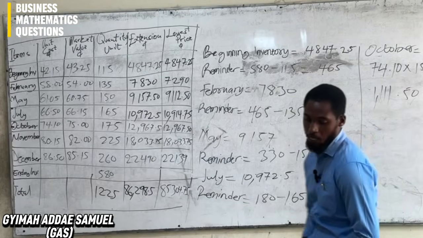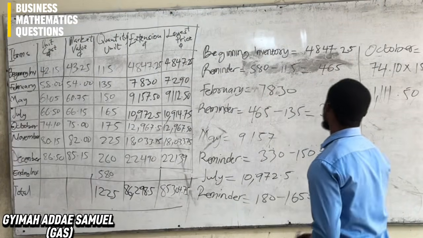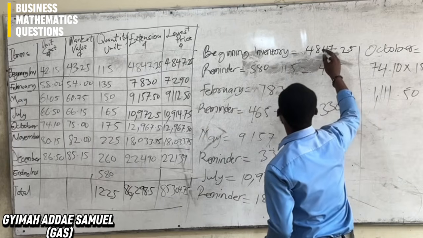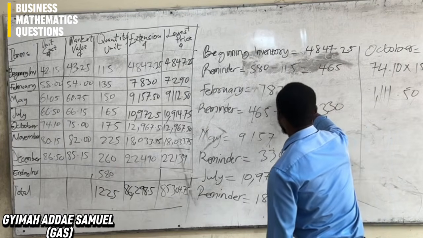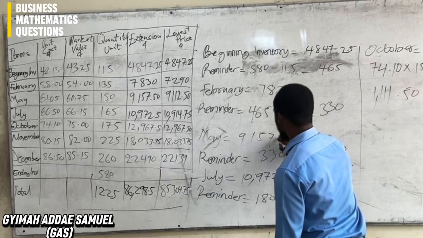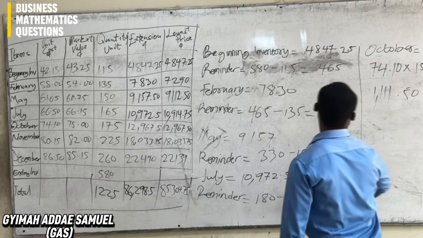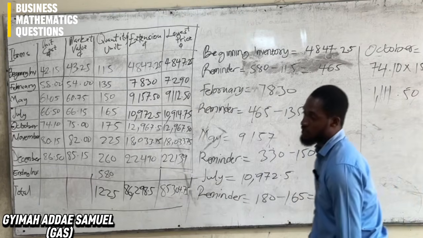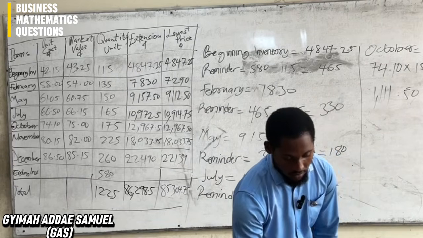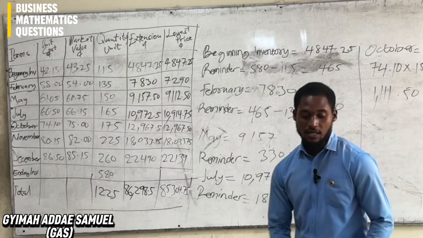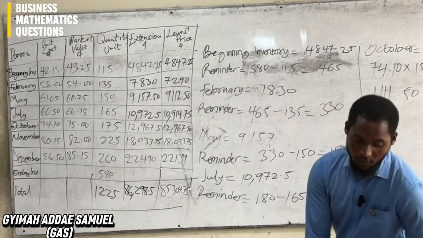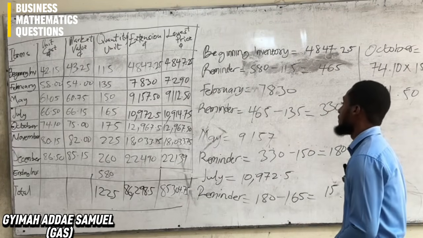So now what we do is add these together to get the value for inventory using the last in first out method.